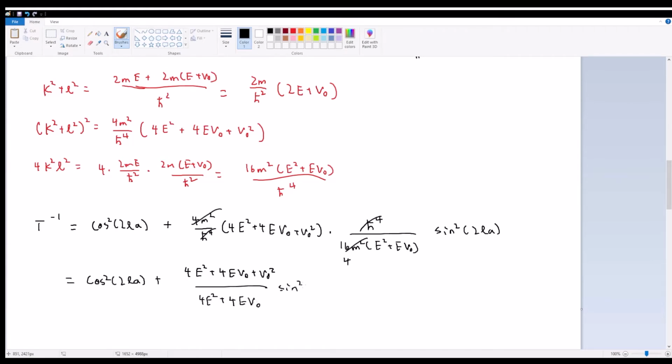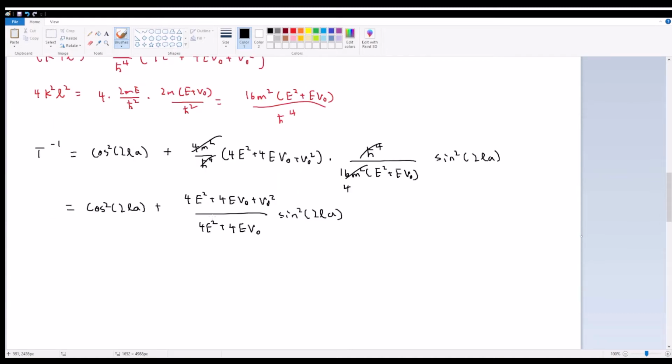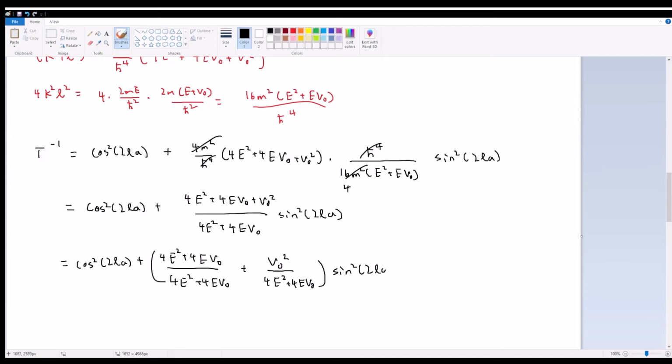sine squared 2LA. And from here, we can see that we can pull out one of these terms, and this is going to give us cosine squared 2LA plus, and we can move this and say (4E squared plus 4E V naught) over (4E squared plus 4E V naught) plus V naught squared over (4E squared plus 4E V naught) times sine squared 2LA, and this term is just going to become 1.